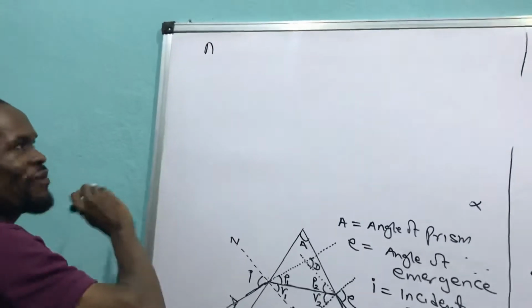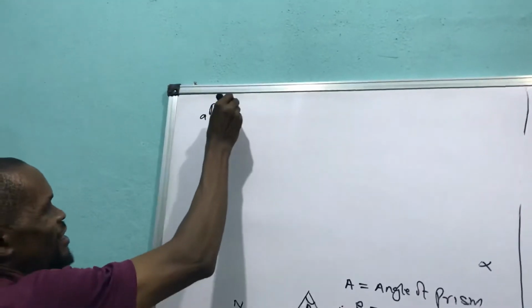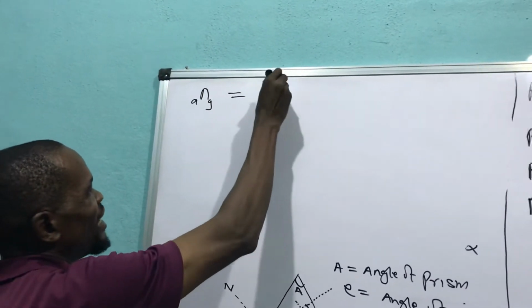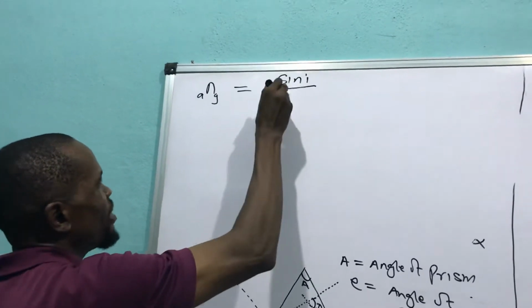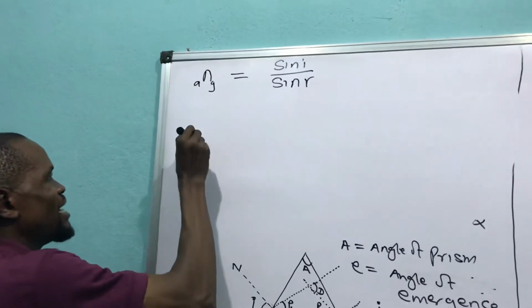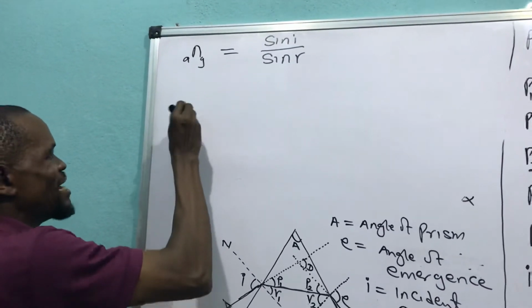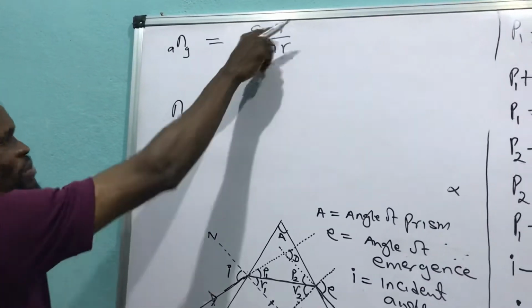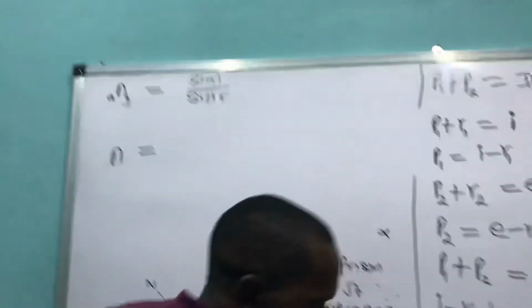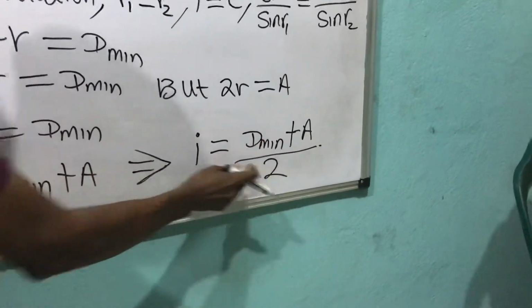I remember the refractive index, which is from air to glass, equals sine of incident angle over sine of refraction angle. In this case, N equals, what's my incident angle? Come over here, look at I: D minimum plus A divided by 2.